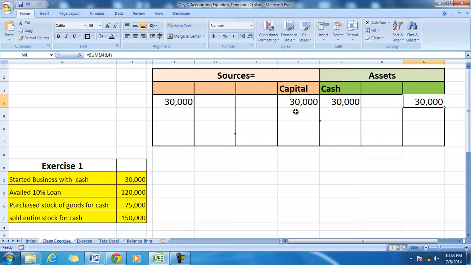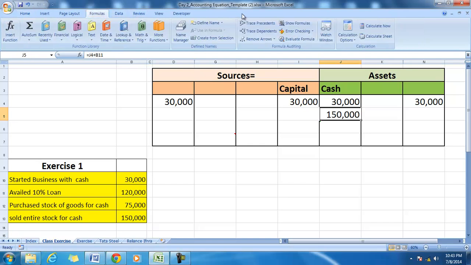Now the company availed a 10% loan of 120,000. As a result, the cash increases. Cash becomes 150,000 because 30,000 was there and 120,000 you have received.